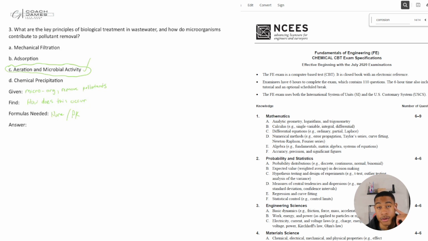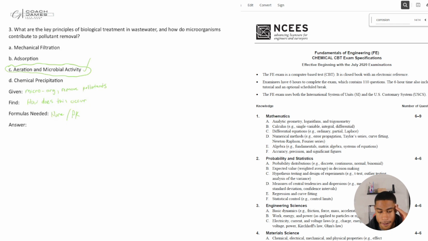The microbial breakdown of pollutants results in the conversion of organic matter into simpler, less harmful compounds. Factors influencing the effectiveness of biological treatment include the temperature, the pH level, the nutrient availability, and the types of microorganisms present in the treatment system.